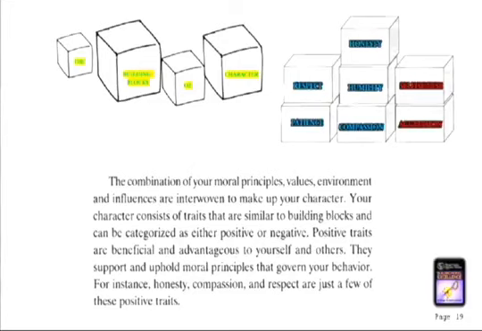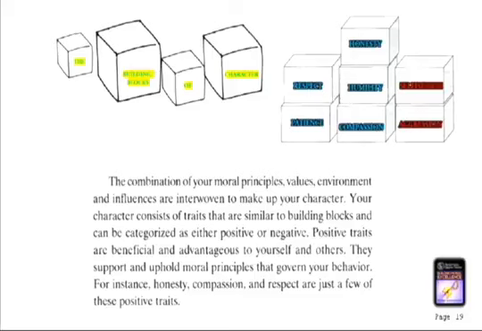You notice that? In fact, you should underline "and others" because it's showing that our character, our actions, our behaviors ripple out and they affect not only ourselves but those around us. So it's helpful to others when we also practice positive character.